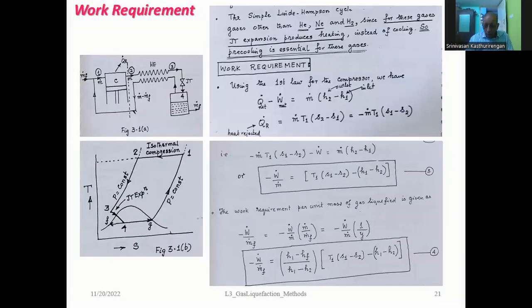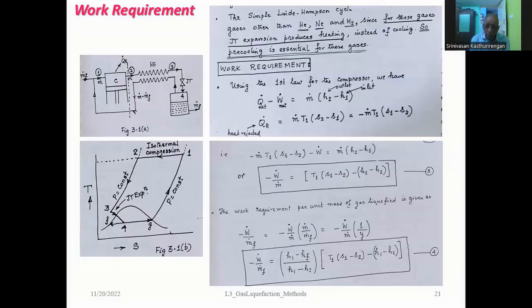Now, what about the work requirement? The work requirement in this case can be calculated by applying the same first law of thermodynamics to the compressor side. If you apply it to the compressor side, then we can write Q dot net minus W dot net equal to m dot into (H2 minus H1).